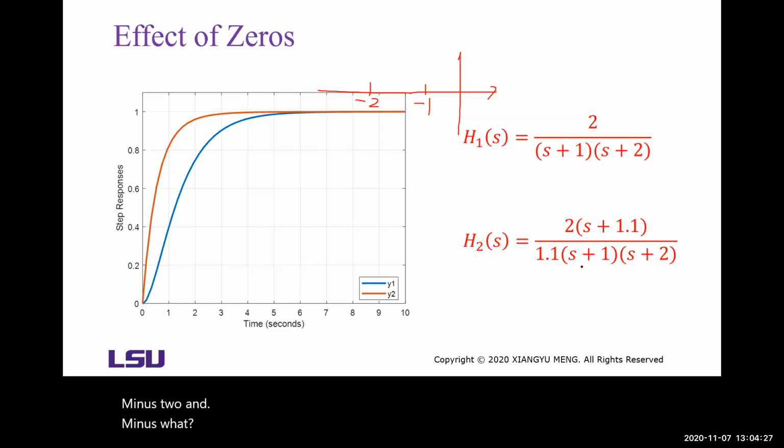The second transfer function has a zero at -1.1.